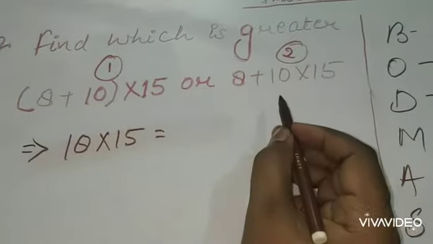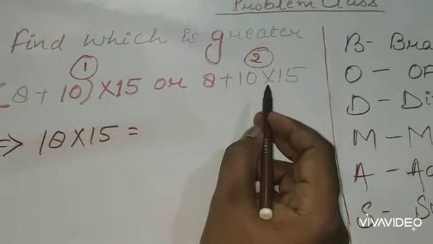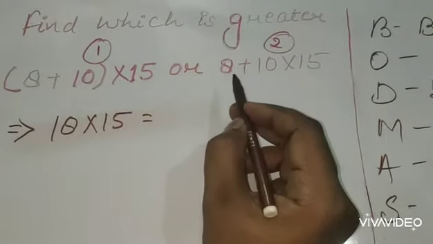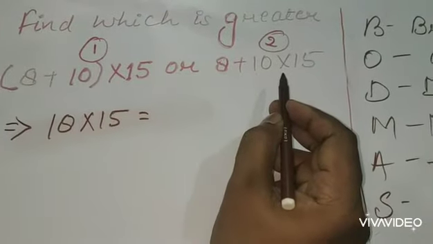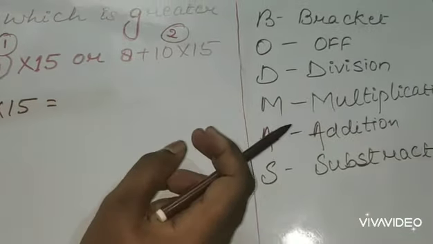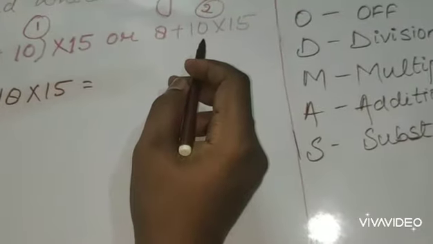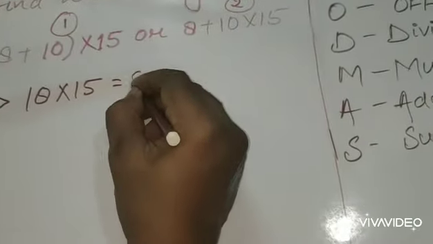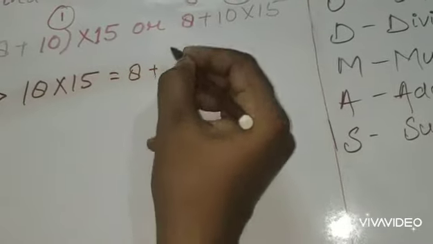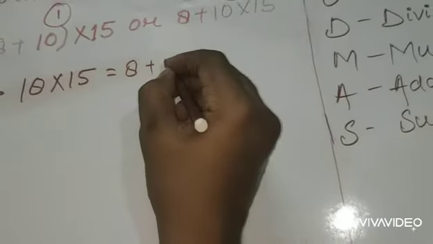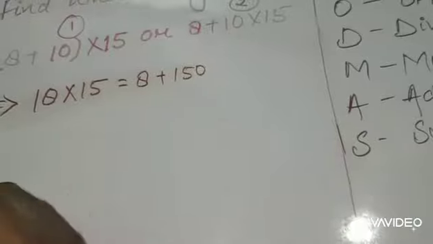Here there is no bracket, so we will see whether addition or multiplication comes first. According to the rule, multiplication comes first, so we will first solve the multiplication part. I will copy 8 as it is, then 10 into 15, that is 150.